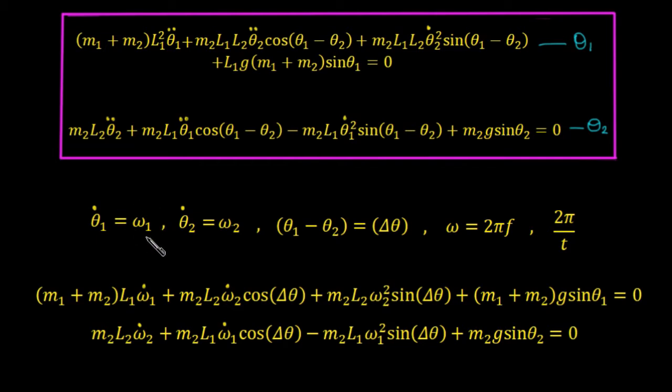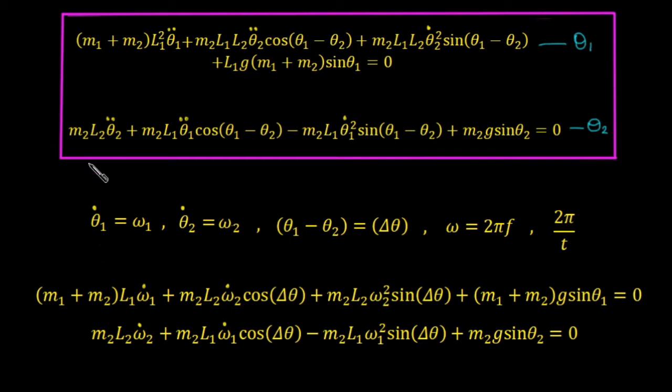This is your angular frequency in radians per second, and theta 2 dot is your omega 2, and we can call our theta 1 minus theta 2 delta theta. And just a reminder, the angular frequency is written as 2 pi f, or equivalently 2 pi upon T. You'll have seen that before in previous videos, or if you've done a little bit of engineering or physics.